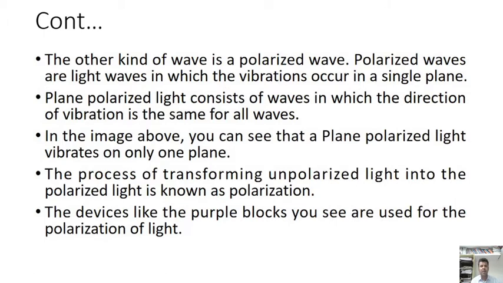You see, horizontal is there, vertical is there, everything moves this way, but only one type of radiation comes out. That is polarized light. Polarized waves are light waves in which the vibrations occur in a single plane. Plane polarized light consists of waves in which the direction of vibration is the same for all waves. In the image you can see that plane polarized light vibrates on only one plane.